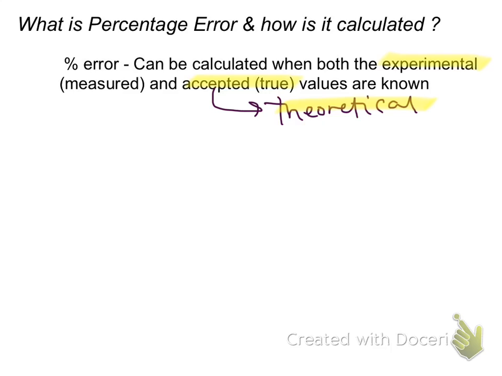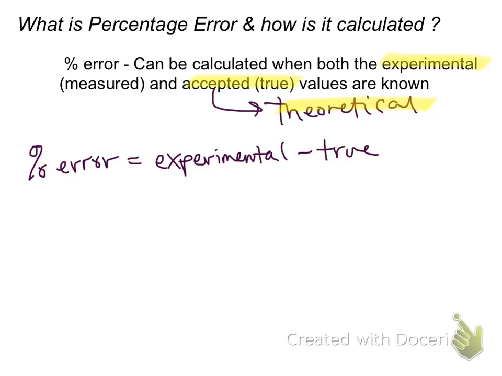And we're going to do these kinds of calculations a lot in lab, which is why I'm introducing them to you today. So when you're doing a percent error calculation, it's set up like this. Percent error is equal to the experimental minus the true, or the accepted, or the theoretical, and we're going to divide that value by the true value.